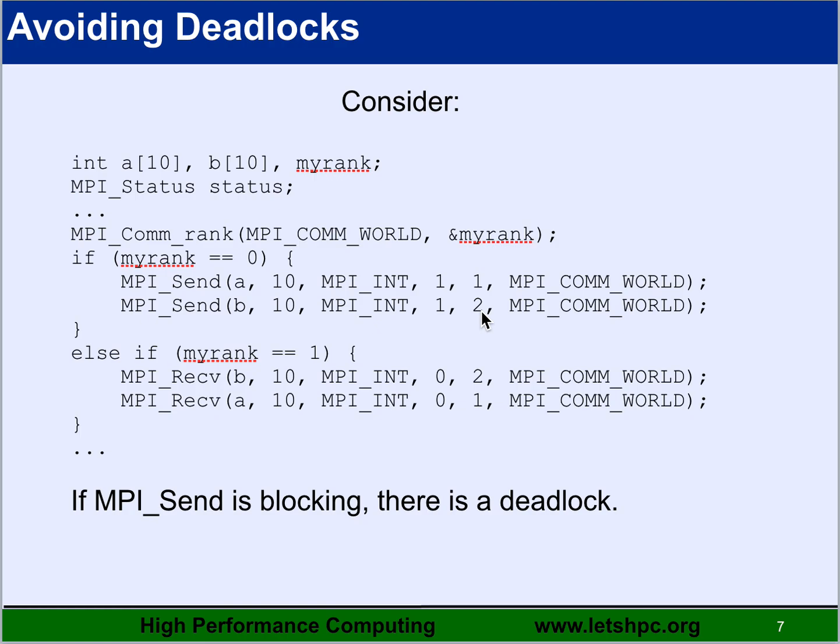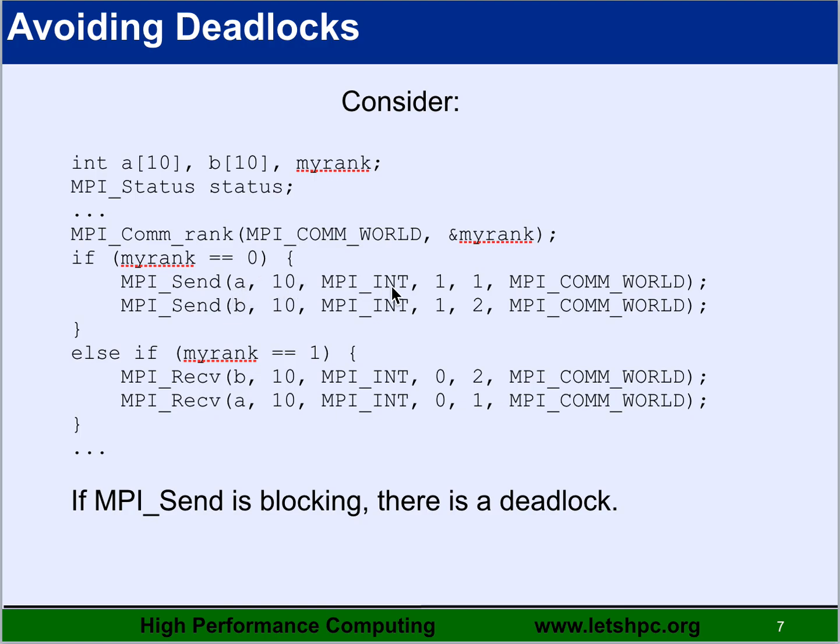Now, if you look into this process 1, so process 1 is supposed to receive B, but it is supposed to first receive A, because here you can see that in MPI, process 0 is sending A first.